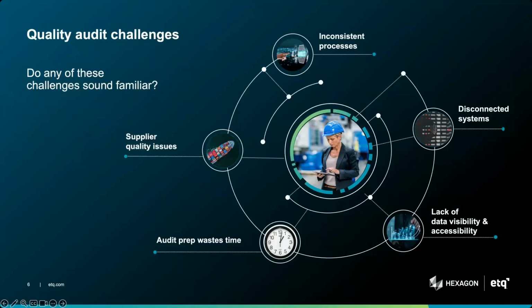So how can you ensure consistent quality if processes are not aligned? So there are a lot of different challenges that can come up during a quality audit, and these are just a few. And I'm sure everyone who is listening to our webinar can talk to their own set of challenges with audits as well.